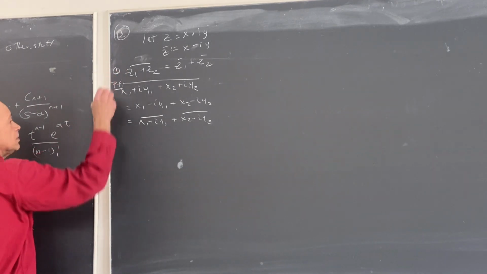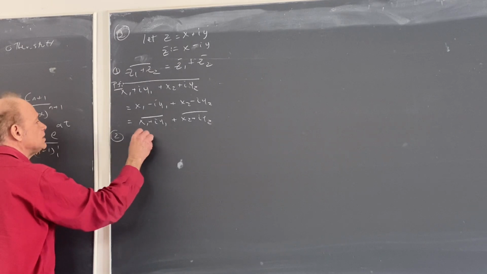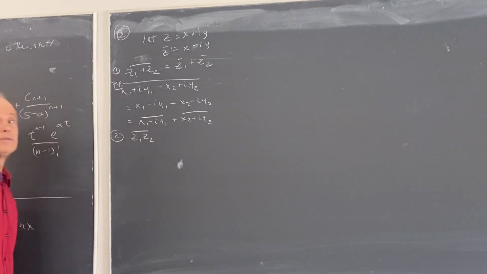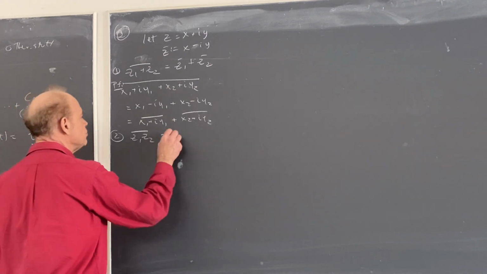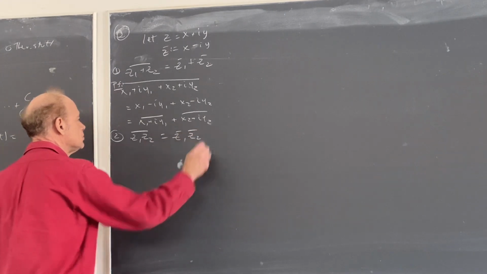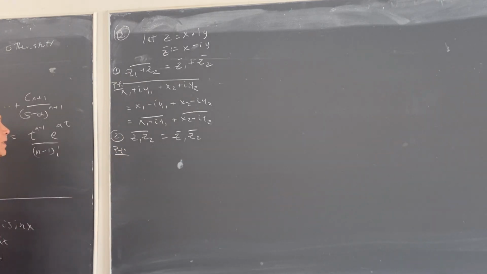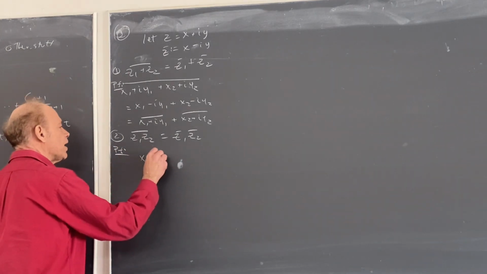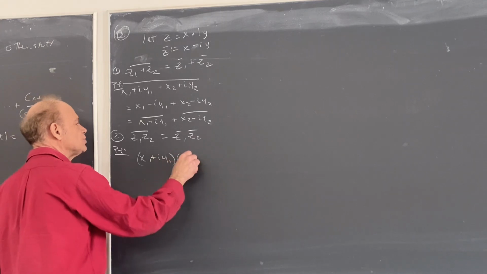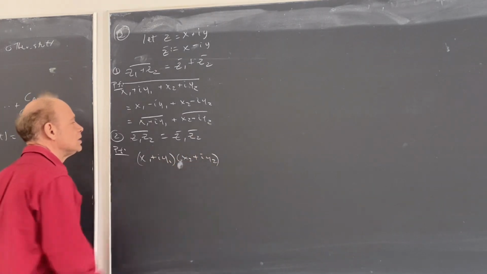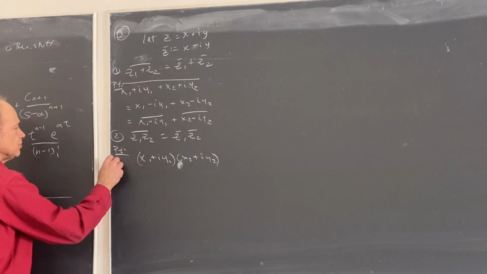Next statement. The conjugate of z1 z2 is equal to z1 bar z2 bar. So let's prove that. Here I have x1 plus iy1 times x2 plus iy2. Let's figure out what that is. That's z1 z2.